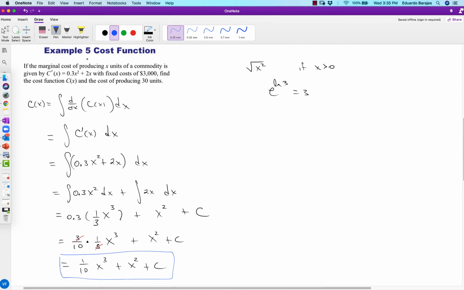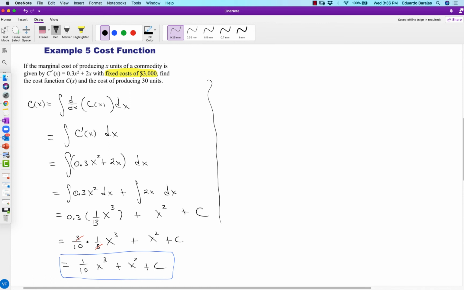So coming back up here, notice that the problem says that there is a fixed cost of $3,000. A fixed cost means that when you produce 0 units, you still have to pay $3,000, right? It's like paying the rent. It doesn't matter whether your factory produces anything or not, you still have to pay the rent.